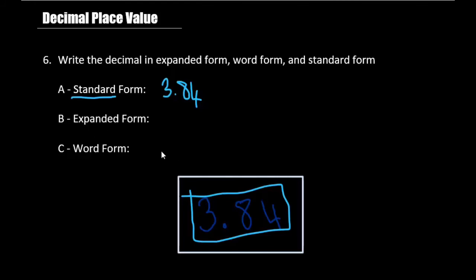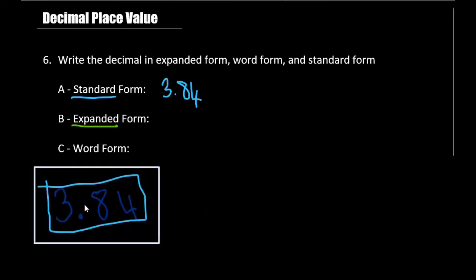So basically, the next thing it's asking us to do is write it in expanded form. So I'm just gonna try to move this. So now that I moved this, I'm just gonna write it in expanded form. Expanded form is basically 3. We have 3 as the first number. 3 plus 0.8. We have to have the decimal point combined with the tenths place.